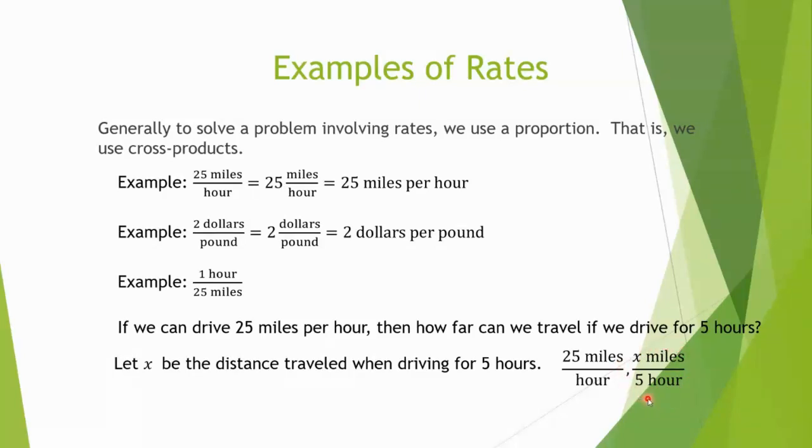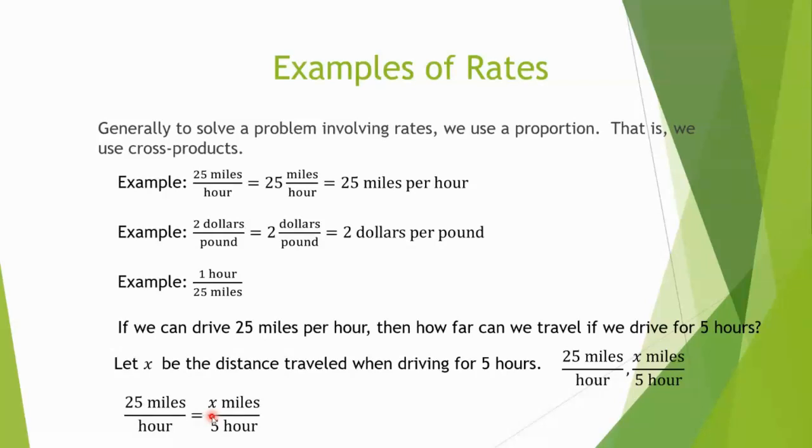We don't know what x is, but x miles over 5 hours is still the rate that deals with how fast we're driving. If those two rates tell us the same thing, they should be equal. So altogether, we have two rates, and they have to be equal because they both describe the speed at which we're driving.